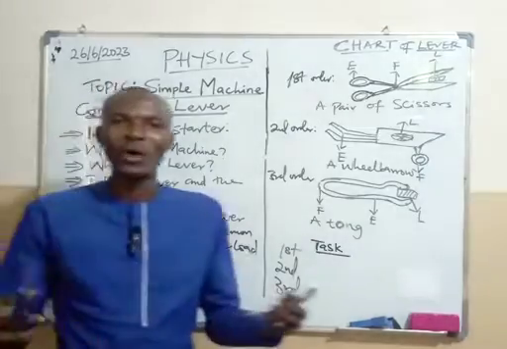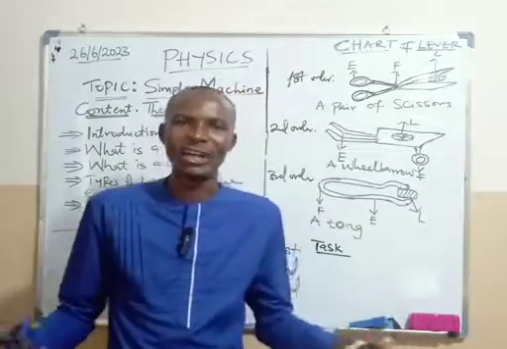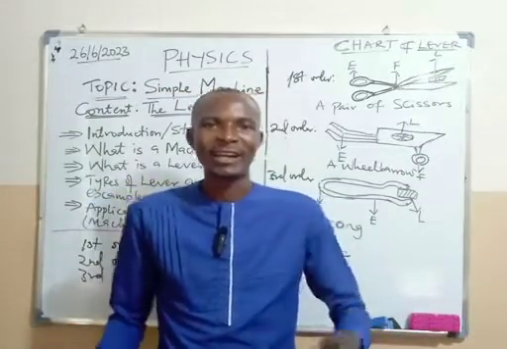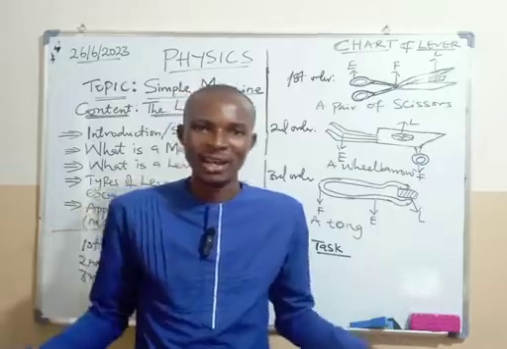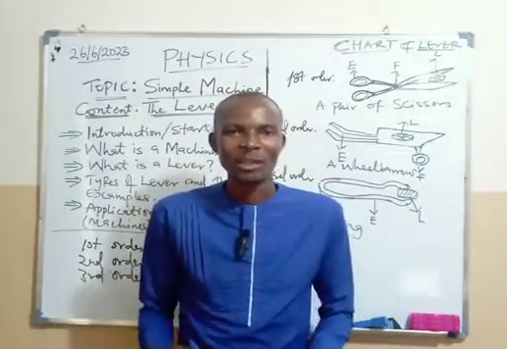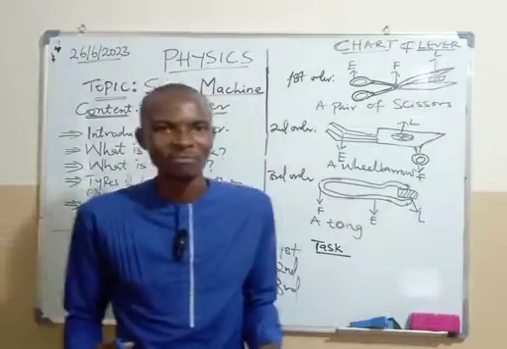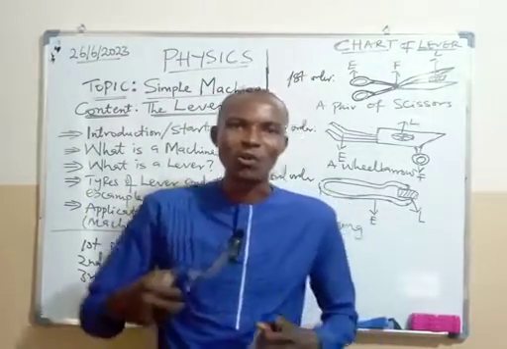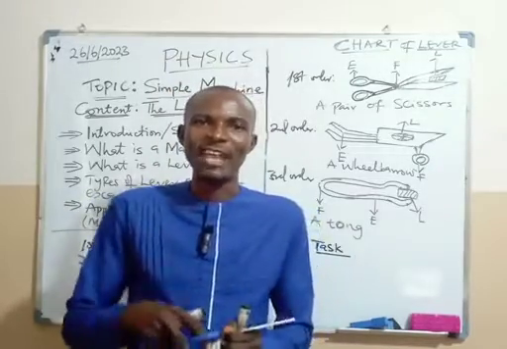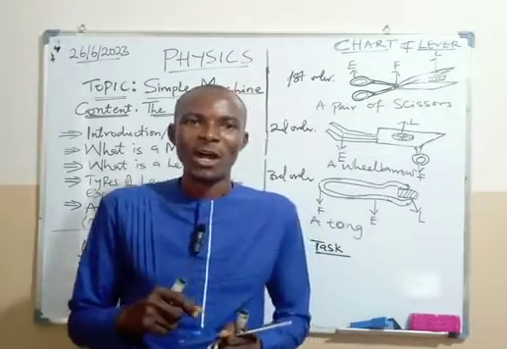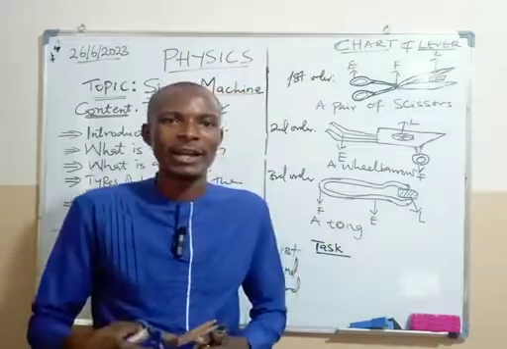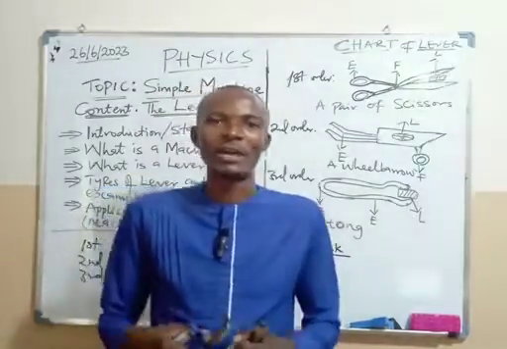Now, what do we mean by a lever? Of course, we have many types of simple machine, like the pulley system, the wheel and axle, the inclined plane, the screw jack. There are a lot of them. But when we talk about a lever, it is a simple machine that consists of a rigid body with a pivot or fixed point, around which it rotates when a force is applied at one end to overcome a load at the other point.